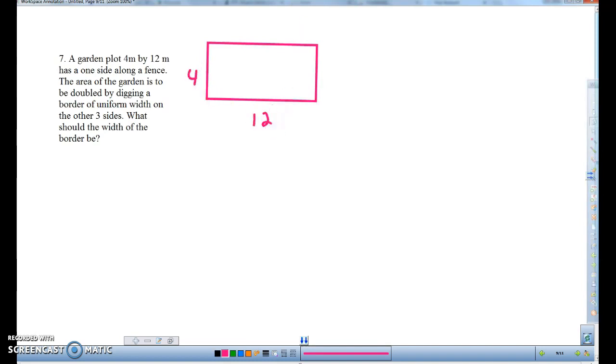We also know that it has a fence along one side, and oddly enough, it really doesn't tell us which side, but we're going to have some background information that tells us this side. This is the fence. And again, this side is 12, not 12, 4. So it also says the area of the garden is to be doubled.